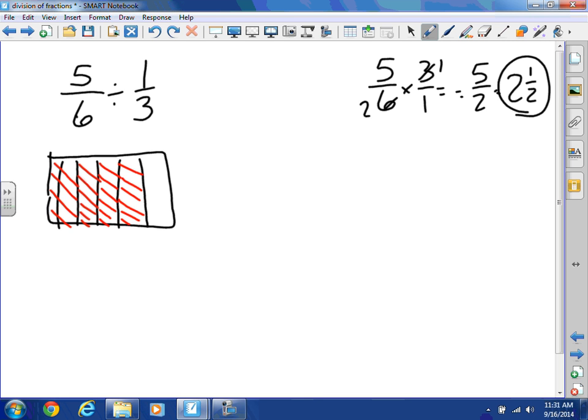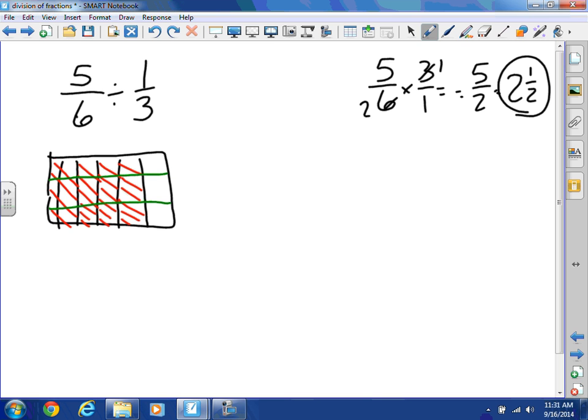But then to figure out how many boxes I need to go to the other side, I need to cut it into thirds. And how many total boxes do I have? 1, 2, 3, 4, 3, 6, 9, 12, I have 18 total boxes, right?